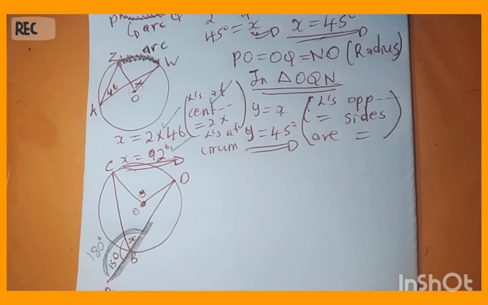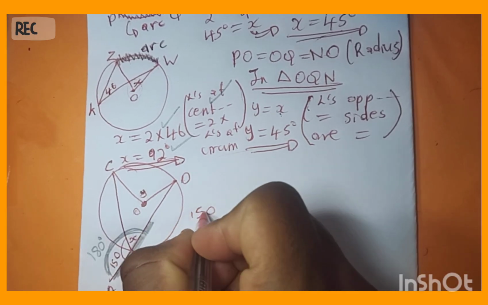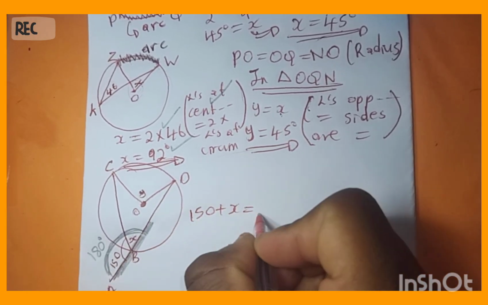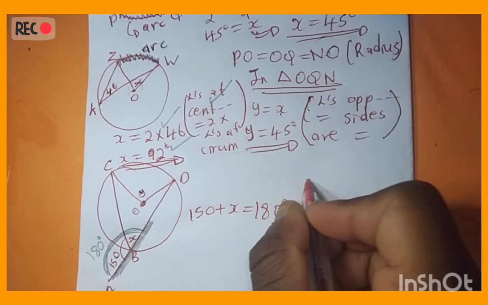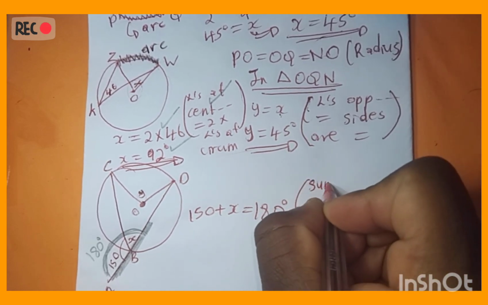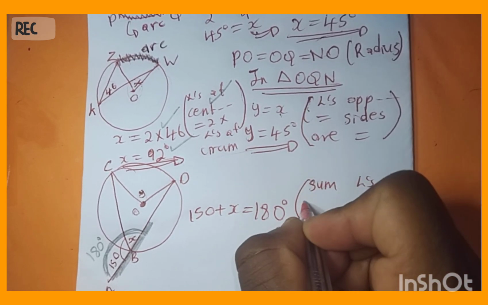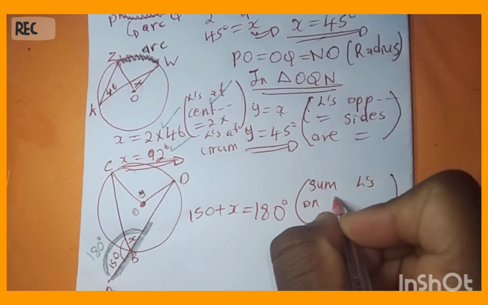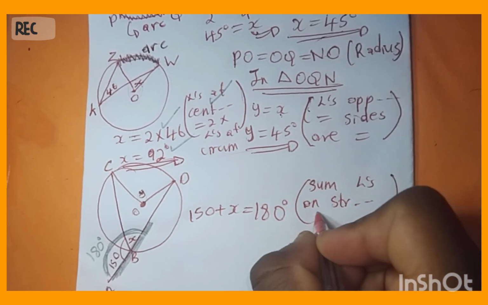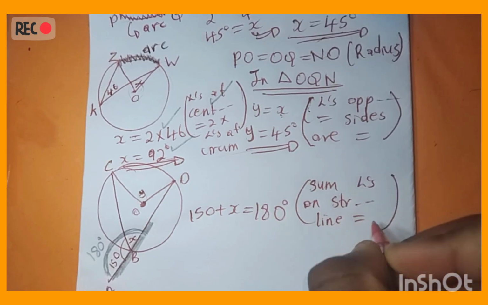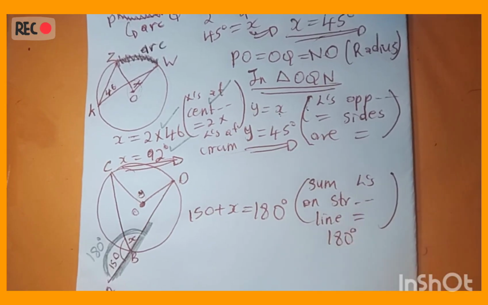It means 150 plus x should get to 180 degrees. The reason is that angles on a straight line are equal to 180 degrees.